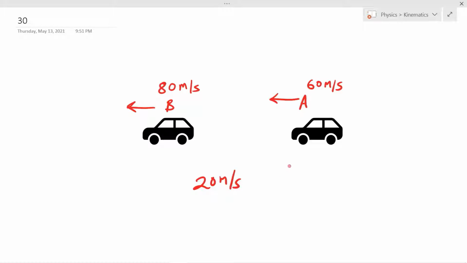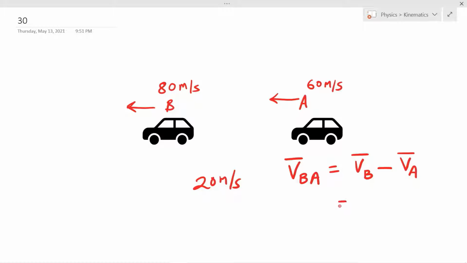The relative velocity V bar of an object B with respect to object A is given by V bar B, the velocity of object B, minus V bar A, the velocity of object A. And these velocities V bar B and V bar A are the velocities with respect to ground.